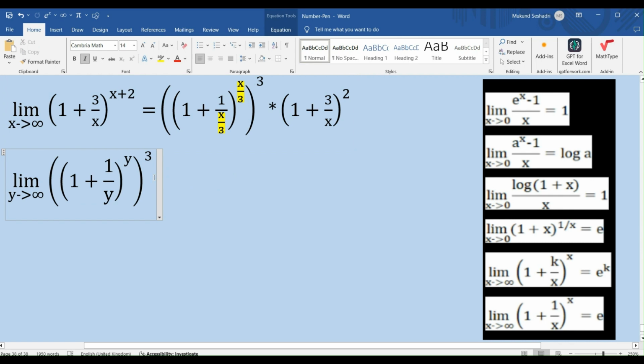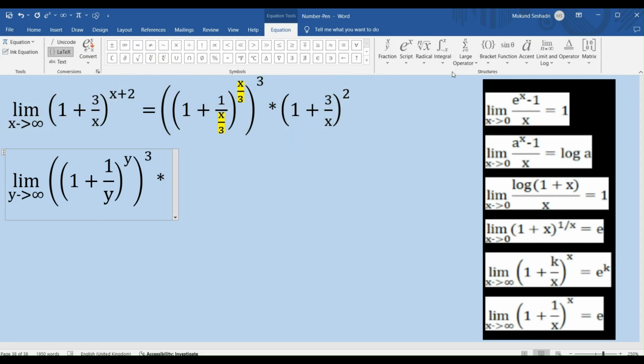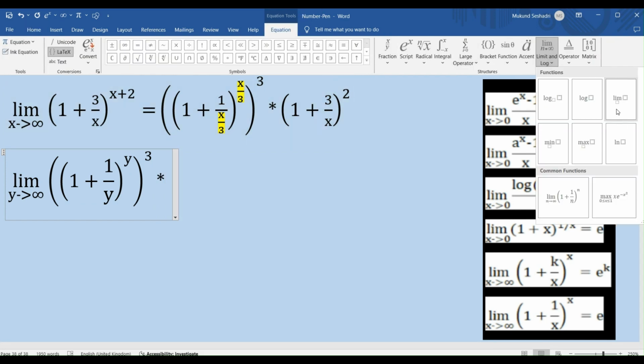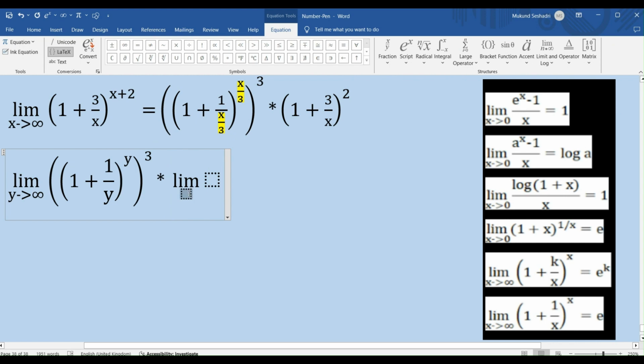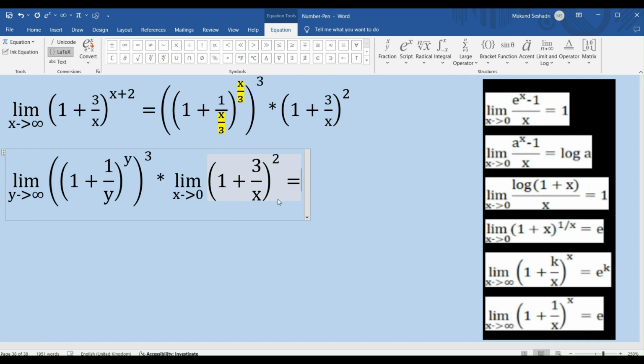And all that I get for this part of the expression is, let me write the other part as well. Now I will have to write another expression with limits because my other expression is in terms of x tending to infinity, and I have this, right? So let me just copy this as it is. I think that for this first part of the expression, we know what it is.